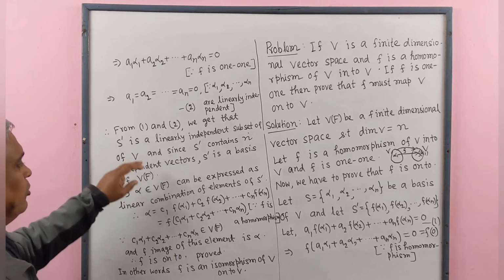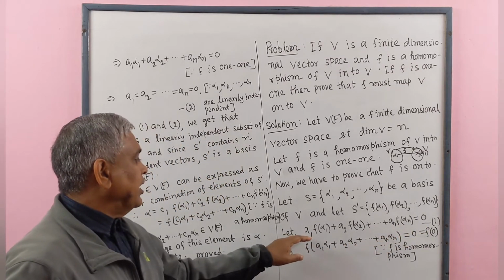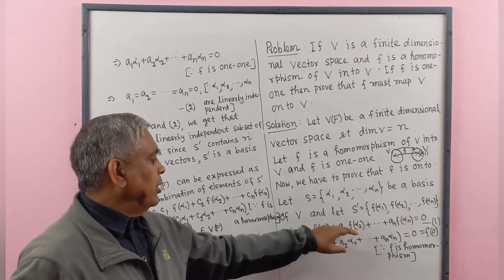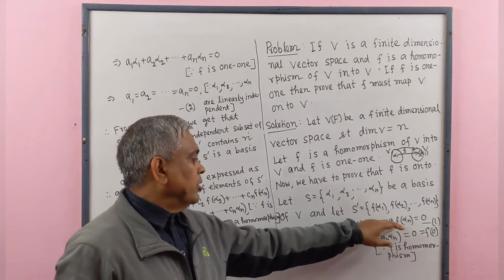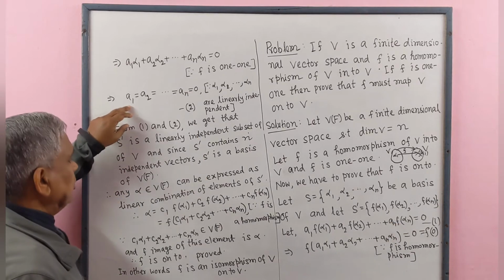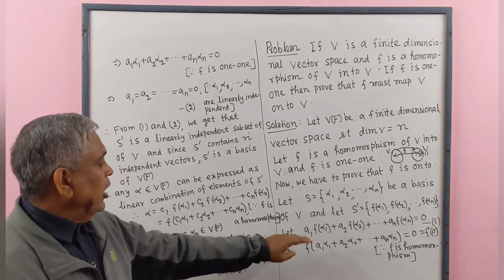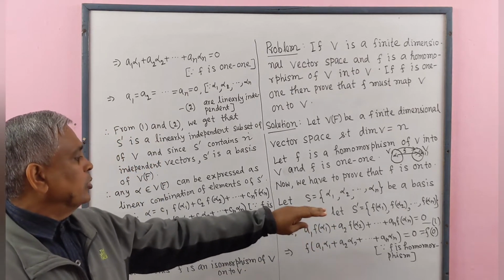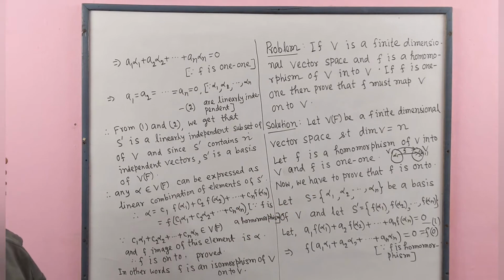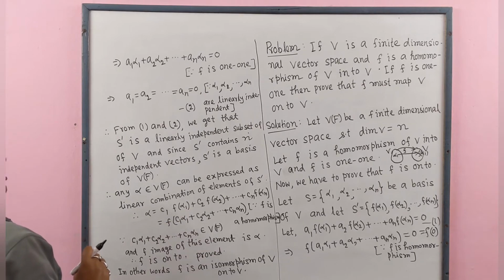From 1 and 2, in 1 we have a linear combination of F alpha 1, F alpha 2, dot dot dot equal to 0, and their coefficients are 0, therefore F alpha 1, F alpha 2, dot dot dot F alpha n are linearly independent vectors.